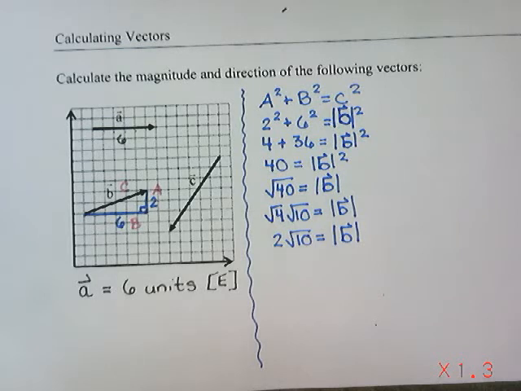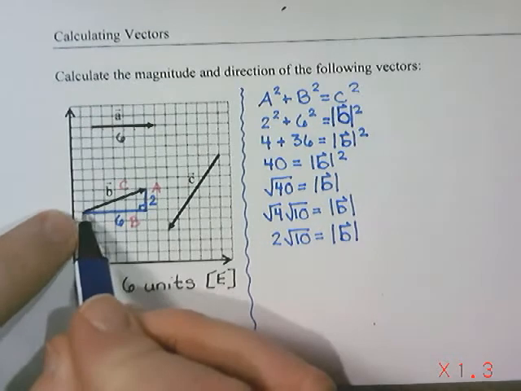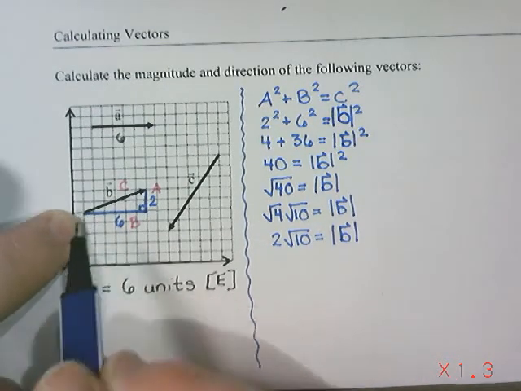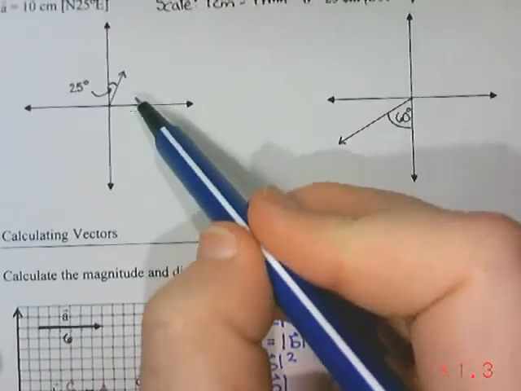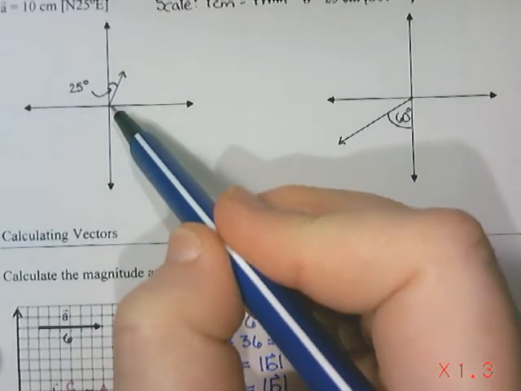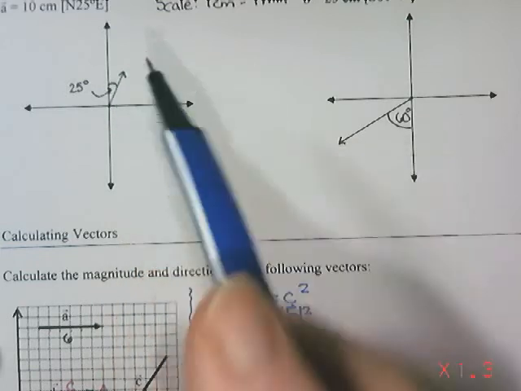Okay. The next thing I need to do is the direction that goes with it. So in order to find the direction that goes with it, I want to try to look for the tail of the vector. So where does the vector start? Because when I was drawing my vectors up here, we started at the origin, right? And then we measured our angle from there.